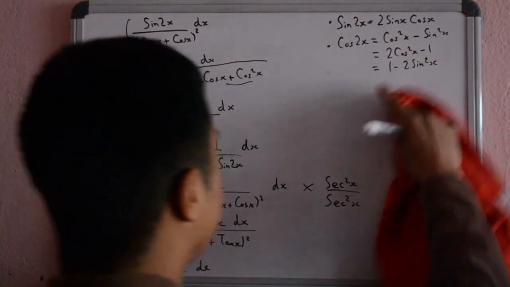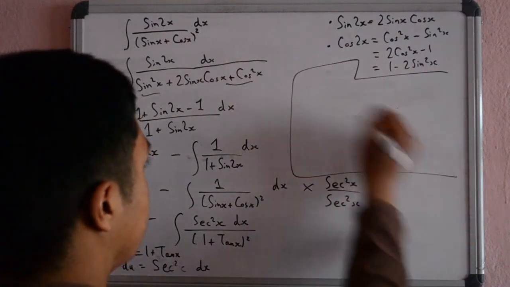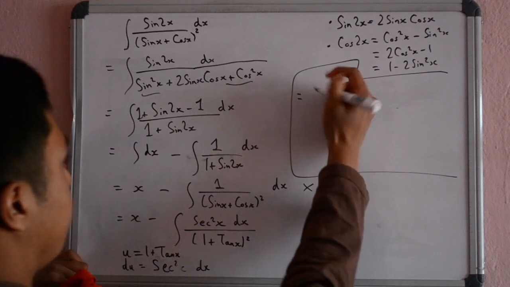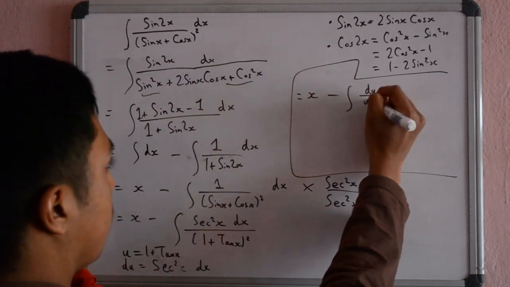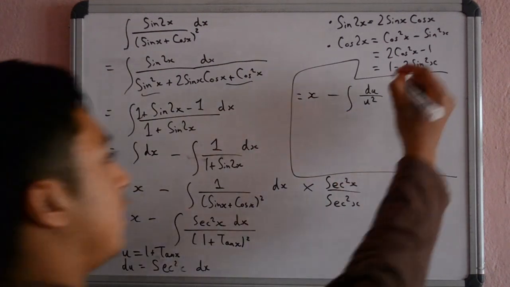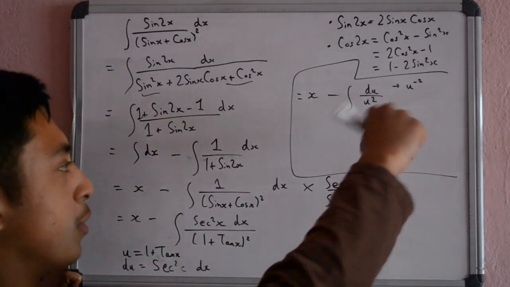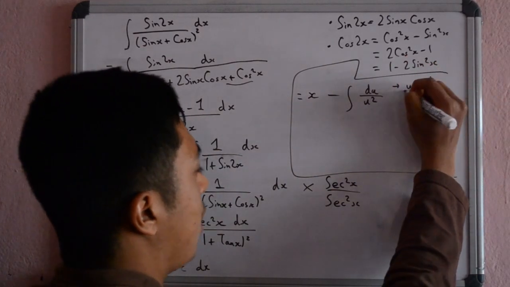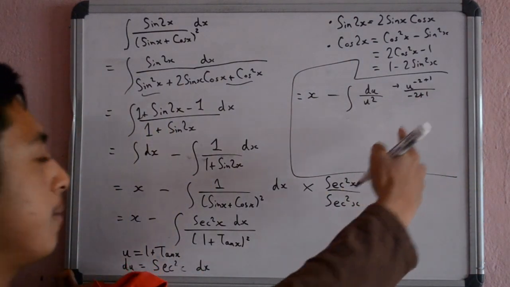Because here, what you'll end up getting is x minus the integration of du by u square. I mean, yeah, just the power rule, right? So this is just u to the power minus 2 integration. So when you integrate that, you add 1 to the power, and whatever the new power is, divide by that.